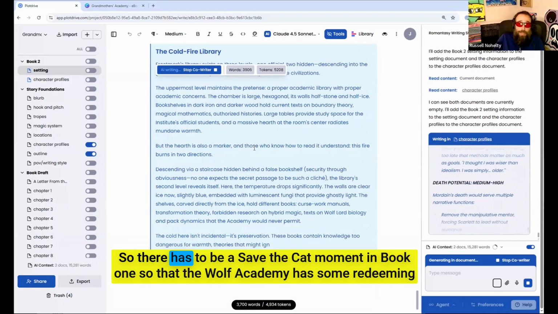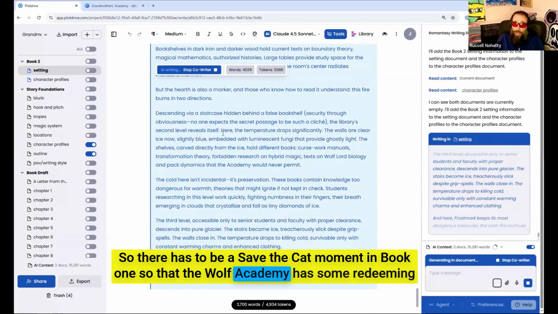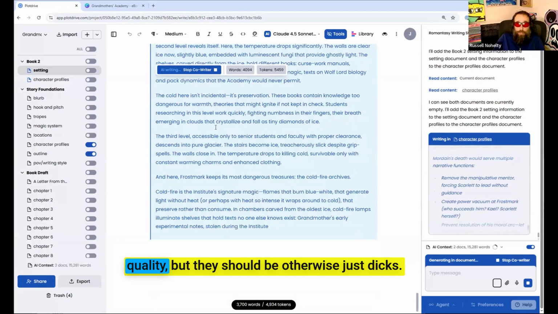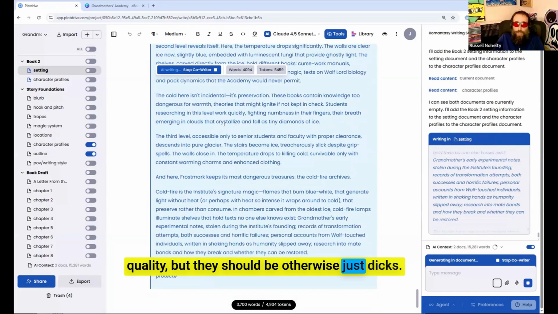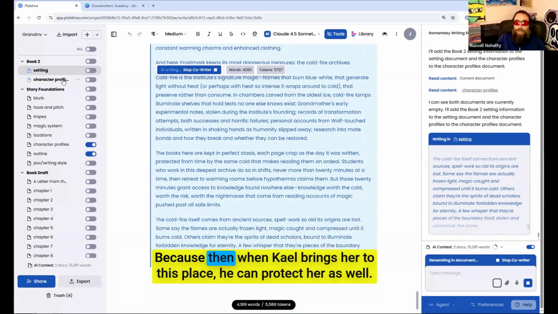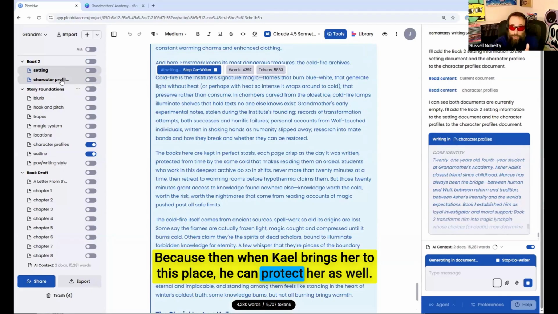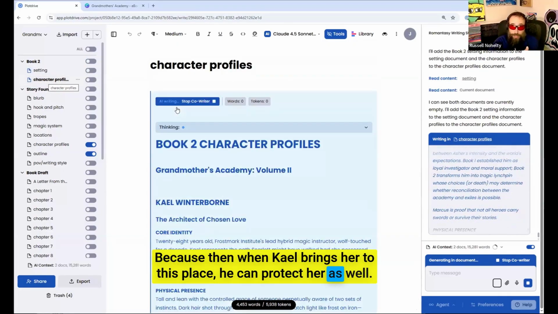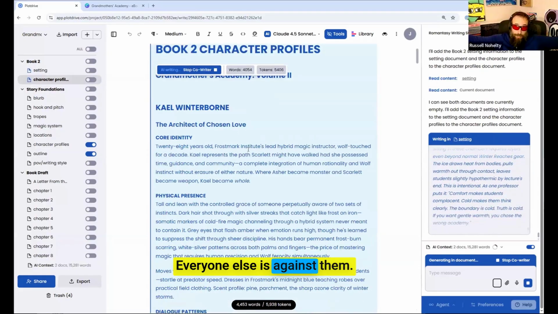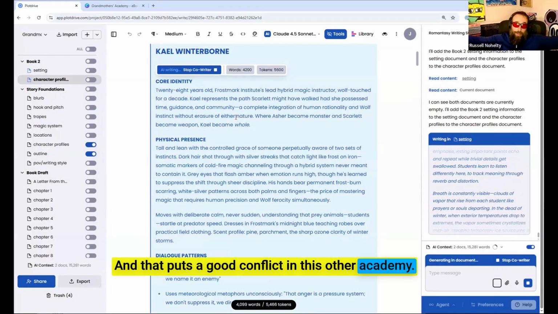There has to be a save-the-cat moment in book one so that the Wolf Academy has some redeeming quality, but they should otherwise just be dicks. Because then when Cale brings her to this place, he can protect her as well, and everyone else is against them. That puts good conflict in this other academy.